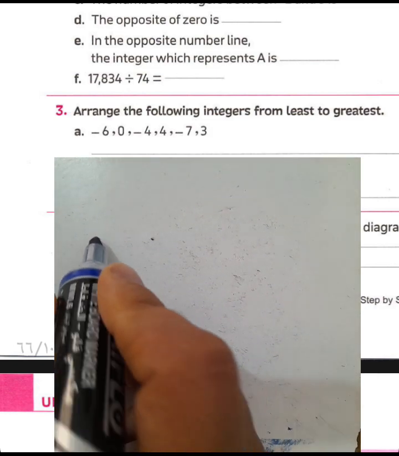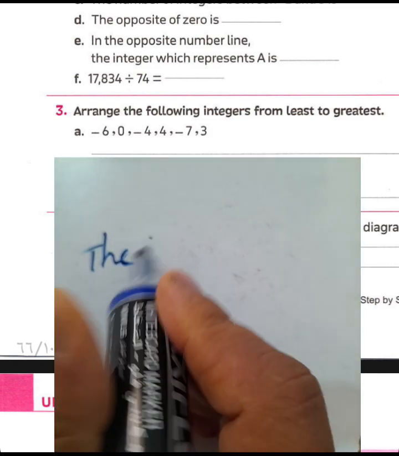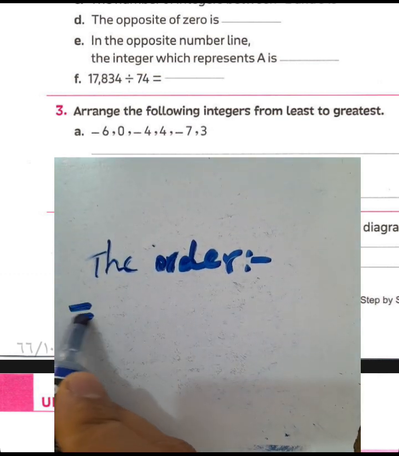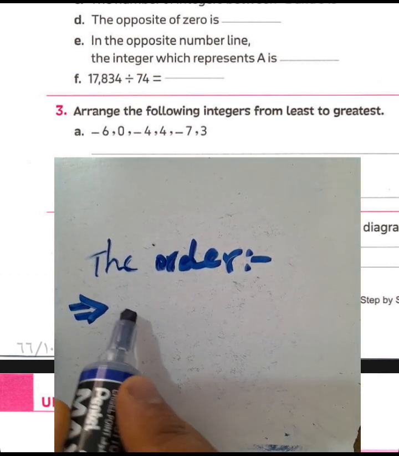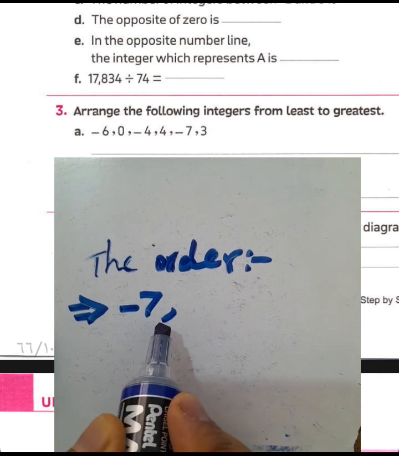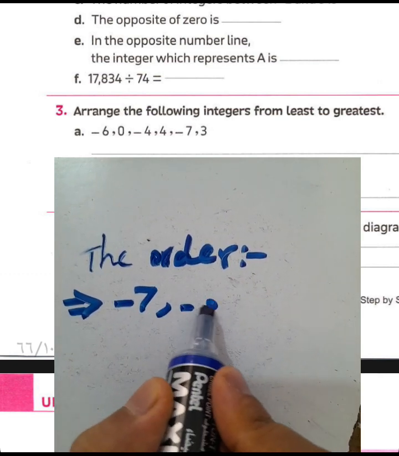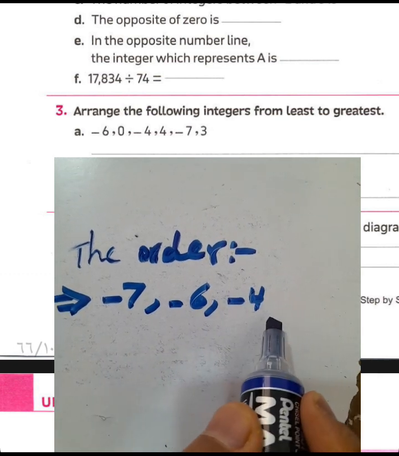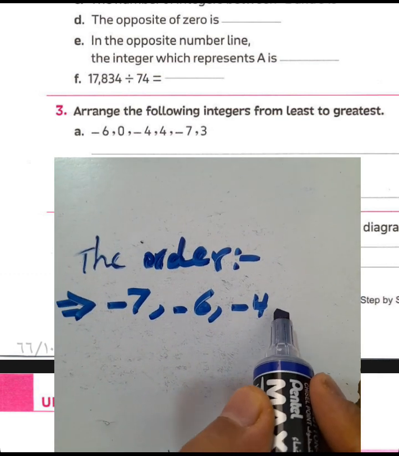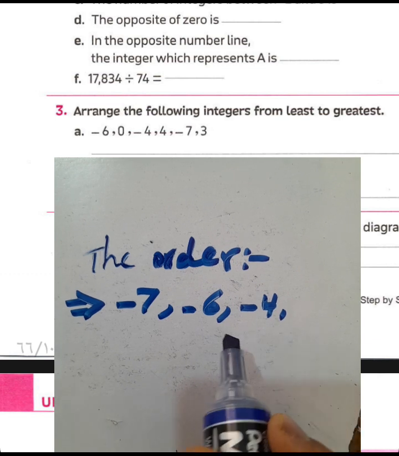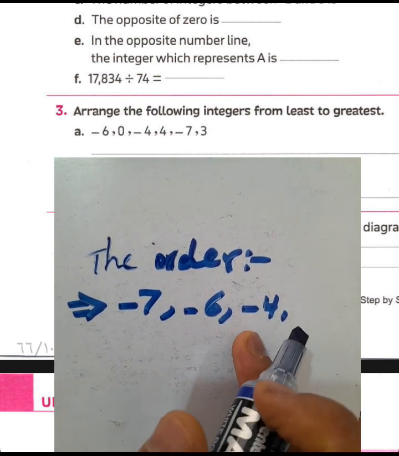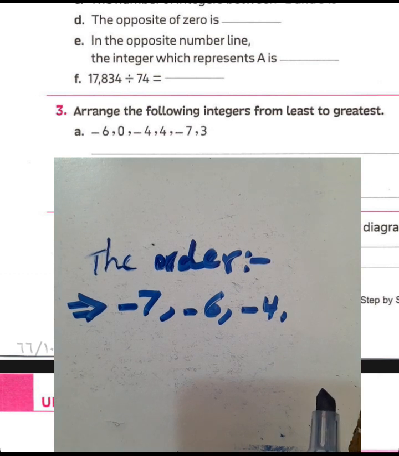Okay, we can write the order here. From the left hand side here, we can write negative 7, and then negative 6 and negative 4, and then we can write what?